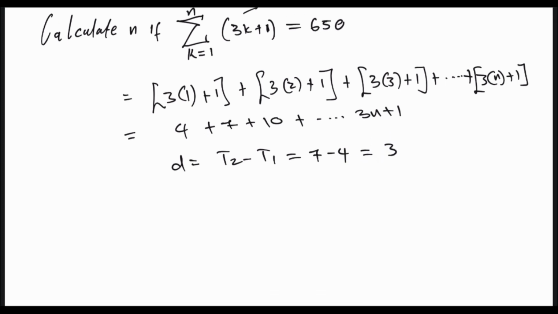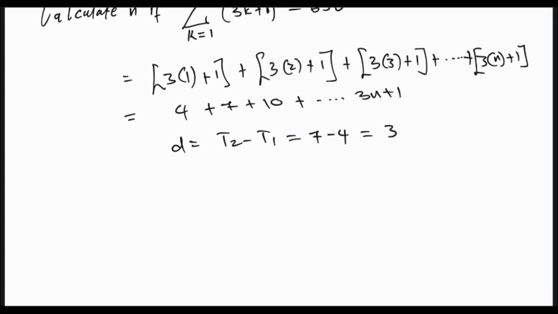All right. So there's another equation that we can use here. Which equation is that? So the equation that we can use in this case is the sum of an arithmetic series, but there are two of them. Which one can we use now? Let's see.